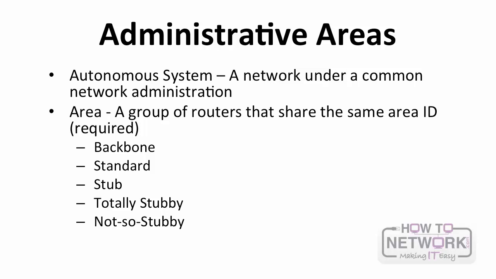So you have the backbone area, standard area, and so on, and each of these areas performs different functions. So let's talk in detail about what some of these areas know and what some of these areas do not know, but also how OSPF is designed around these concepts of areas.